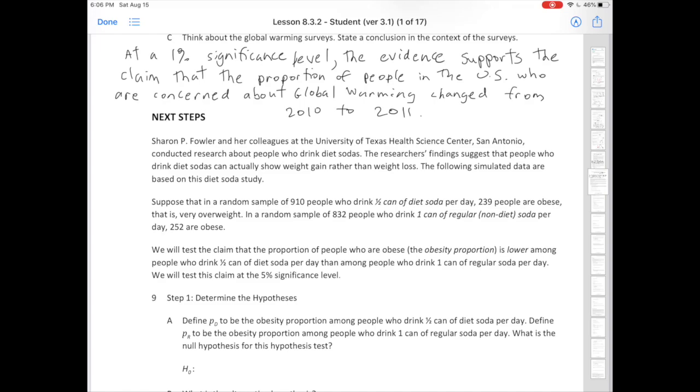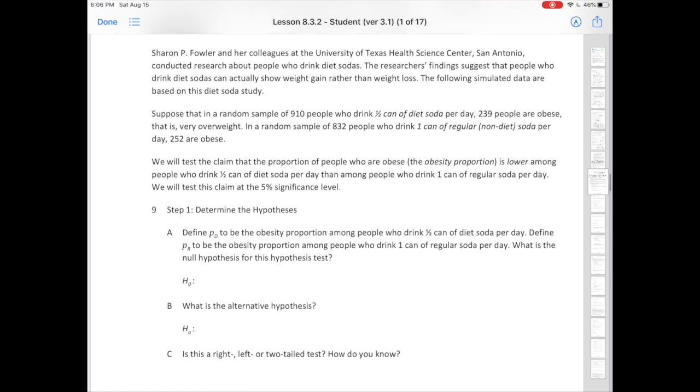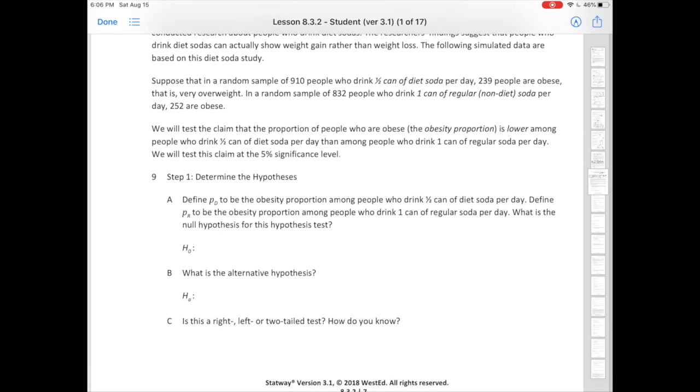So, step 1, determine the hypothesis. Define PD to be the obesity proportion among people who drink half a can of diet soda per day. So D is for diet, right? Define PR to be the obesity proportion among people who drink 1 can of regular soda per day. What is the null hypothesis for this hypothesis test?